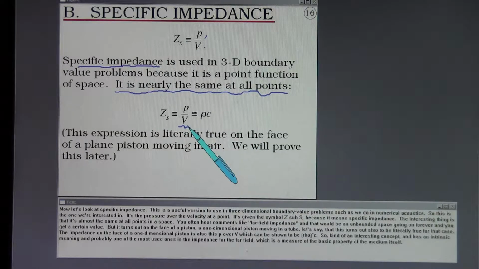The impedance on the face of a one-dimensional piston is also this P over V, which can be shown to be rho C. So it's an interesting concept, and has an intrinsic meaning, and probably one of the most used ones is the impedance for the far field, which is a measure of the basic property of the medium itself.